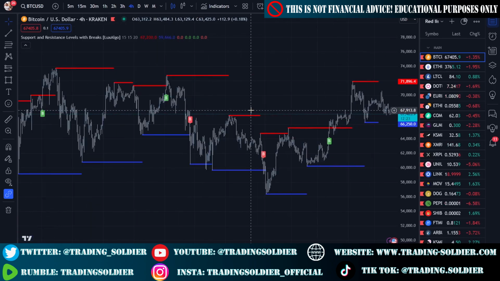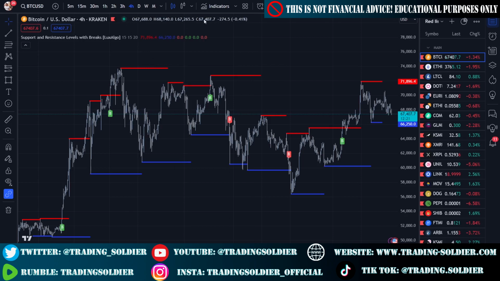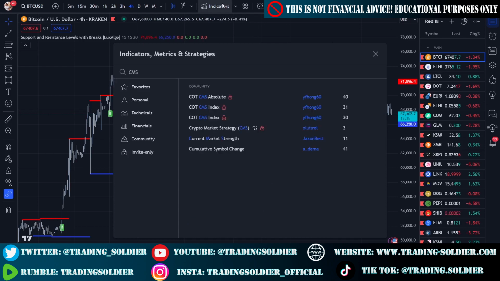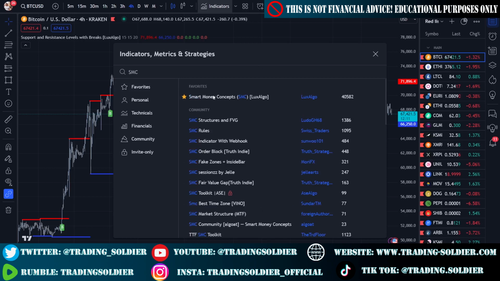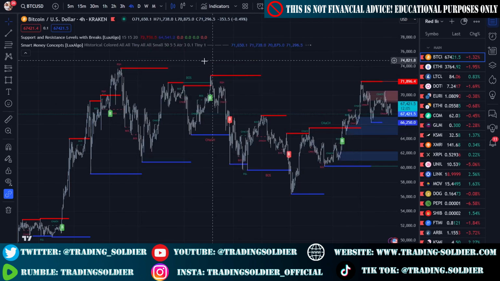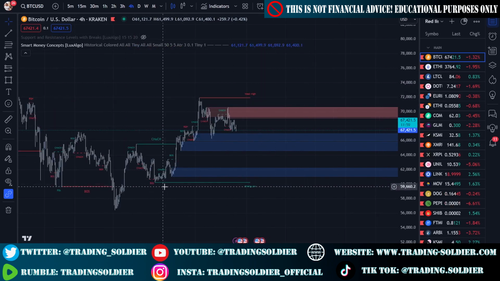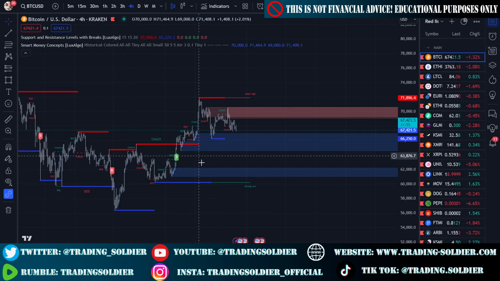And there are other indicators such as, for example, the order blocks or the SMC, the Smart Money Concepts. Let me see, SMC. Smart Money Concepts by LuxAlgo, that is indeed giving you the same information, okay, with order blocks, and they highlight the last swing low, last swing high, like this indicator is doing.